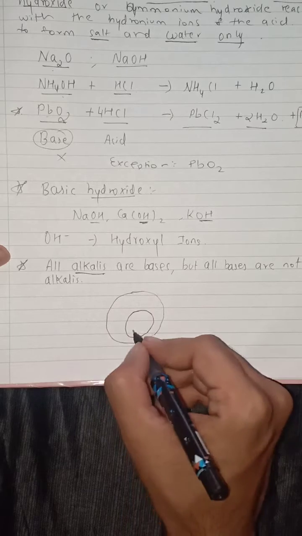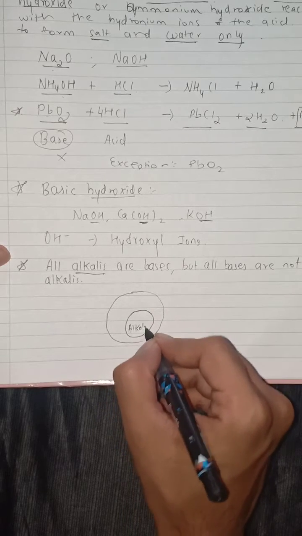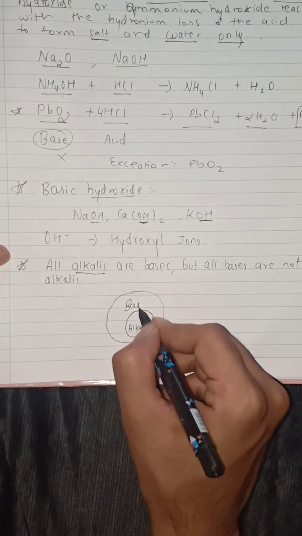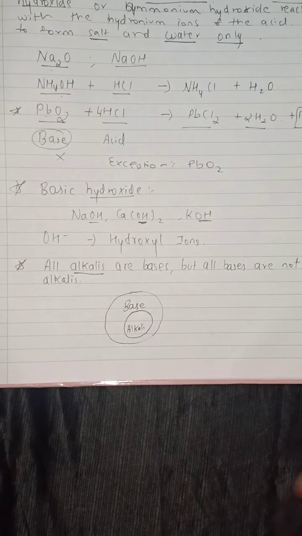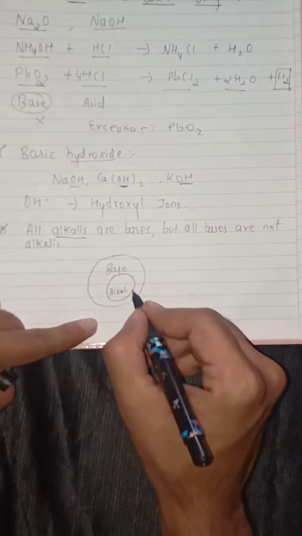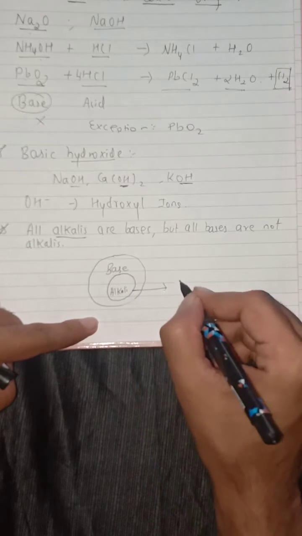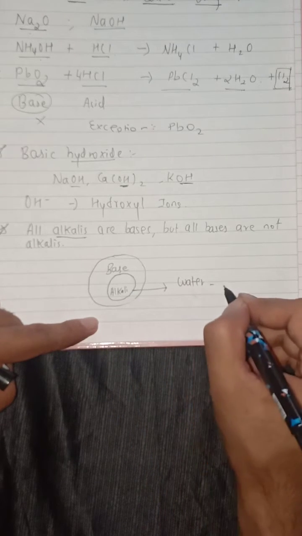All alkalis are bases means the alkali class comes under the base, but all bases are not alkalis. These bases are not included in the alkalis. But what do you mean by the word alkali? Alkali means water soluble bases.